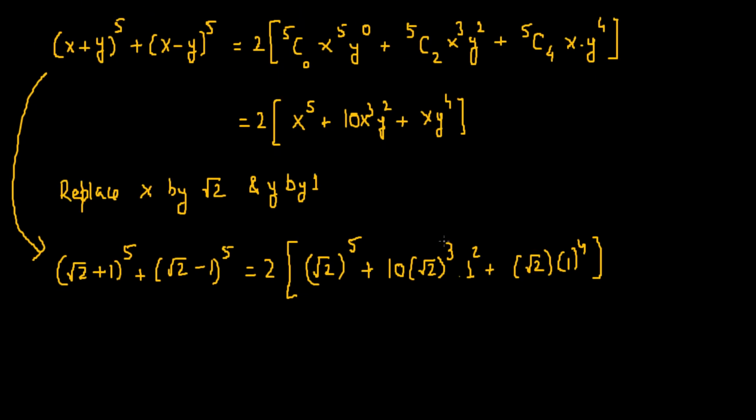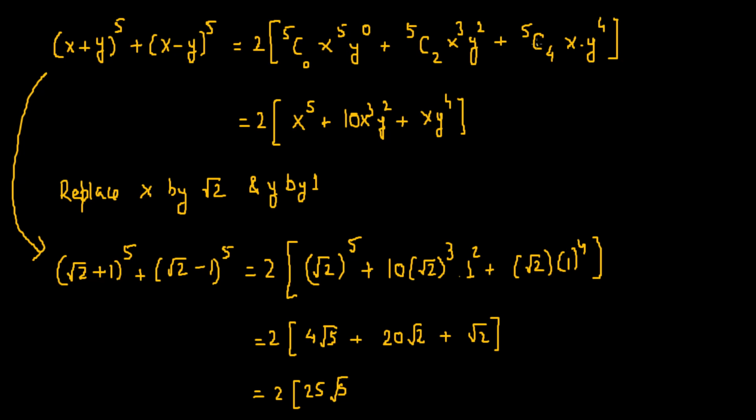And we simplify it. So root 2 raised to the power of 4 is going to give us 4 root 2 plus this is going to give us 20 root 2 plus root 2.